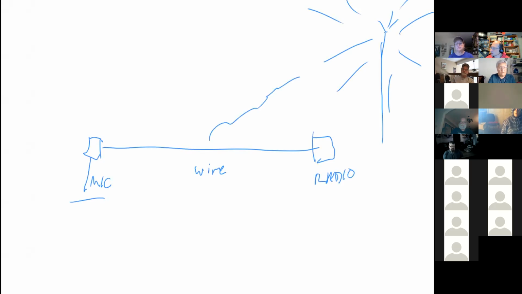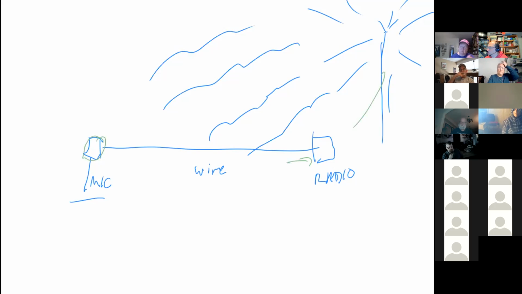Here's my RF energy. What can happen to my wire? It picks up the radio frequency. Well, if that somehow gets into this wire and it mixes with my audio signal, I basically will get distortion coming out of the radio, and people will say I'm all distorted.